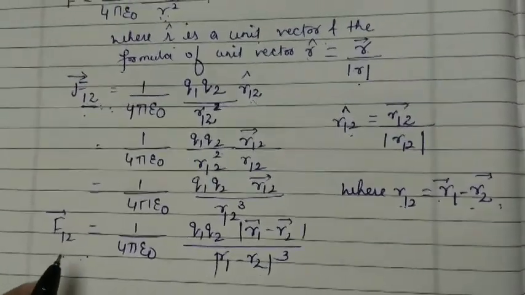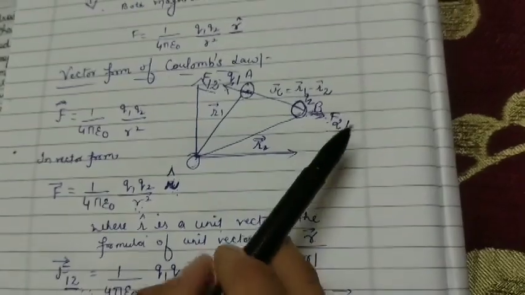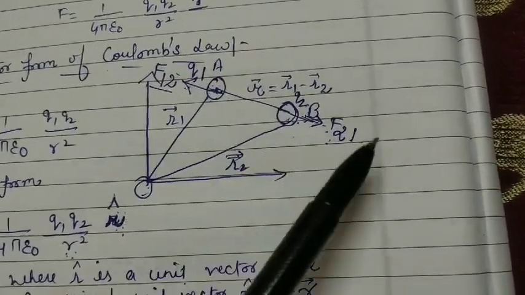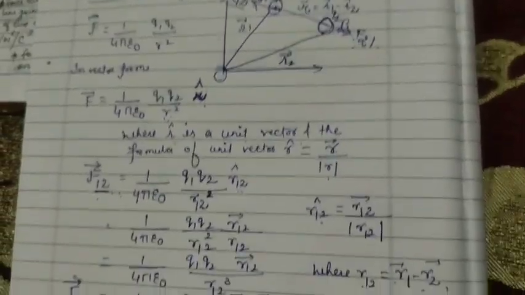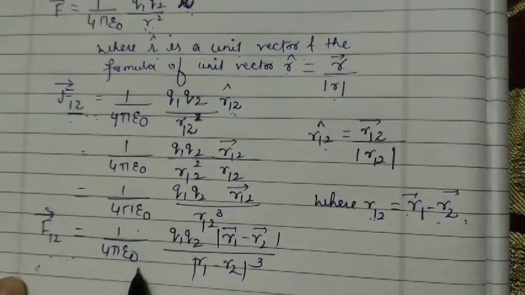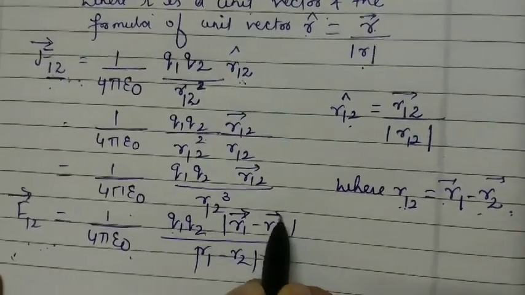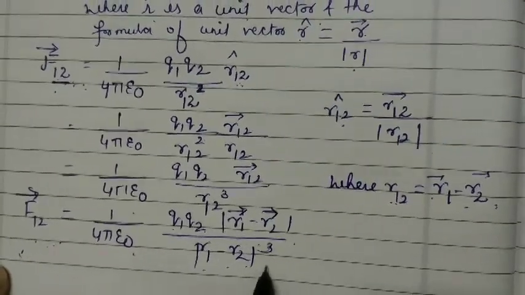Similarly, we can find the second force F21, the force on the second charge due to the first. So this is the vector form of Coulomb's law: 1 upon 4 pi epsilon naught Q1 Q2 R1 vector minus R2 vector divided by the magnitude of R1 minus R2 whole cube.